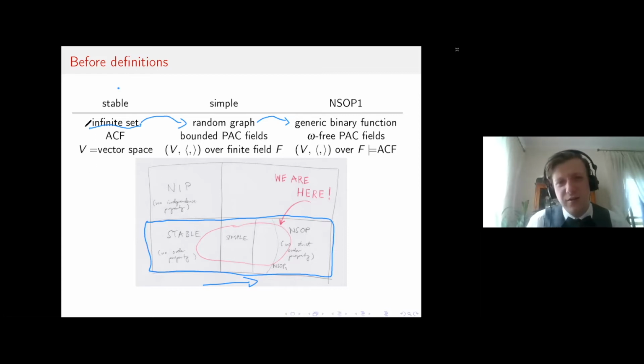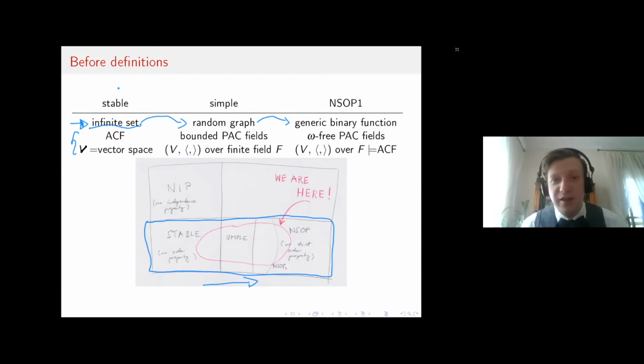I don't like this line, maybe not that I don't like it, but it's not so important for us right now. More important are the second two lines, so ACF and vector space. If you start with a stable theory, the classical example is algebraically closed fields, so ACF.